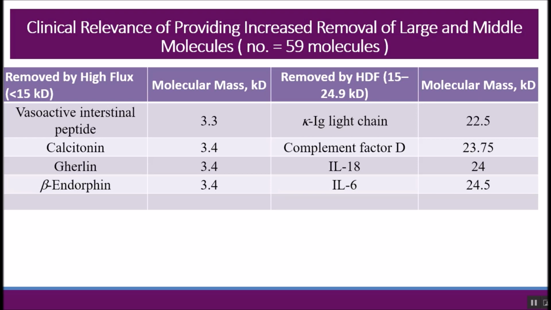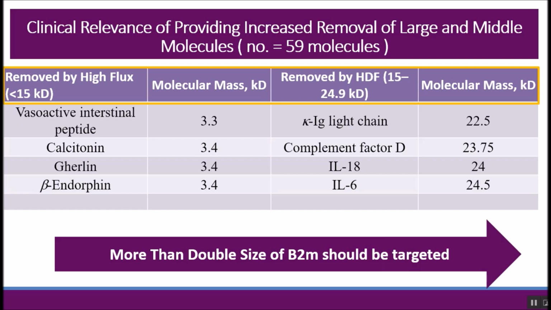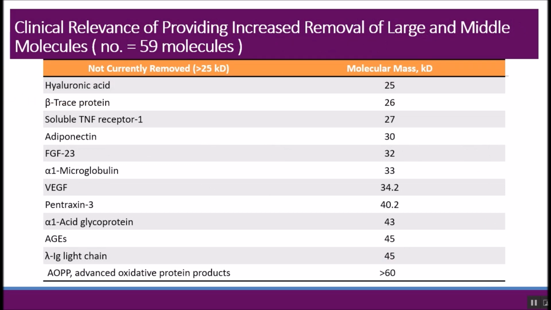The molecular weight range has been expanded to beyond 30,000 Dalton as well, which is more than double the size of beta-2 microglobulin. With the advances in hemodialysis membranes, a huge number of molecules beyond 30,000 still could not be removed by current techniques.